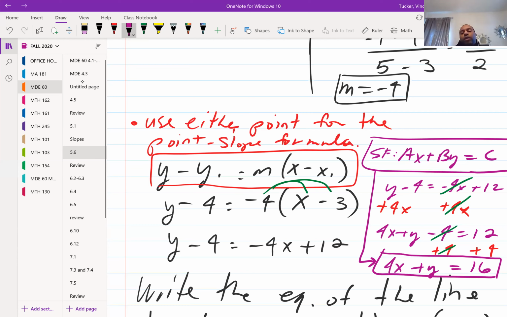So if they ask for the answer in standard form, that's Ax plus By equal to C. That means you need to get your x term and y term on one side, or preferably the left side, and then get your term without any variables at all, that would be a constant, to the other side.